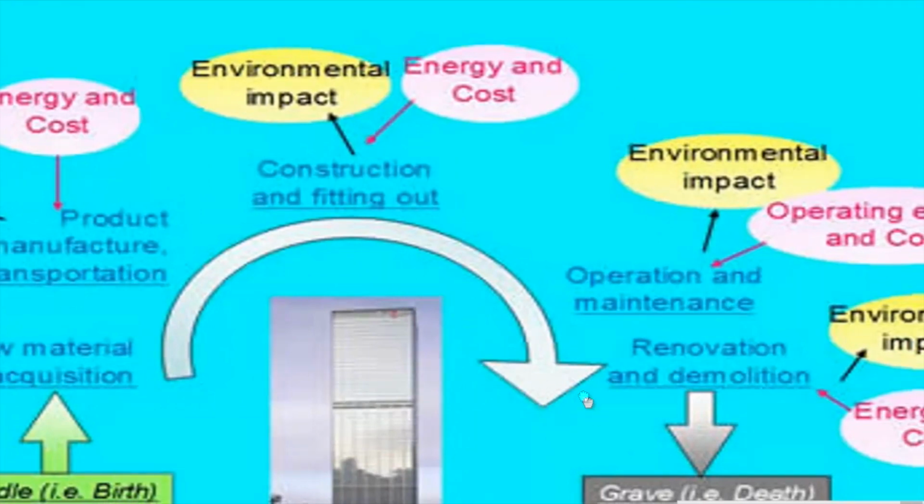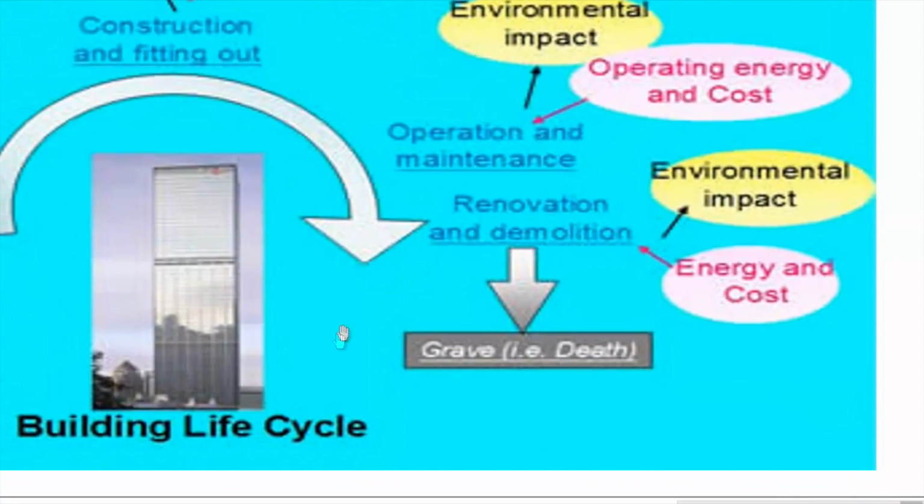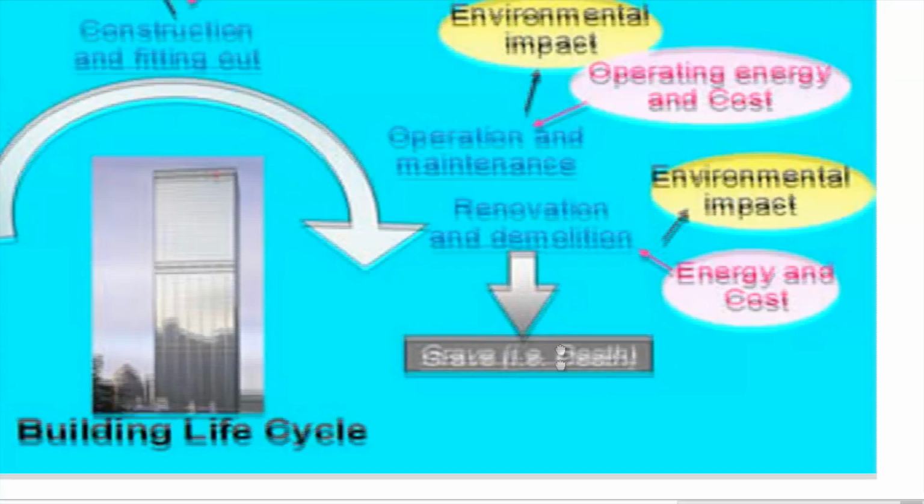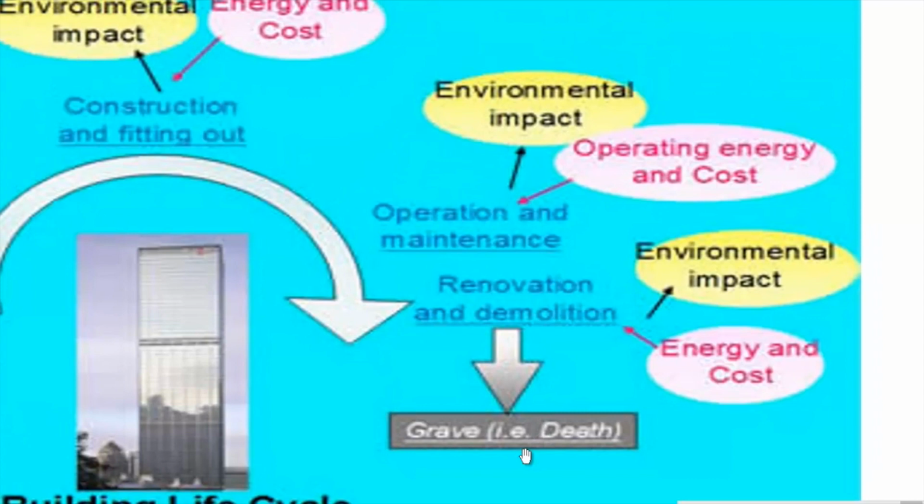Then construction and fitting, operation and maintenance of the building, renovation and demolition of the building, that is the grave, the death of the building. It includes the operational energy and energy cost.